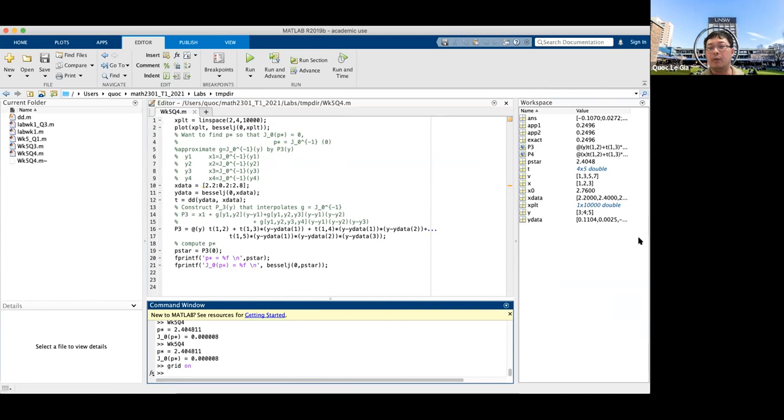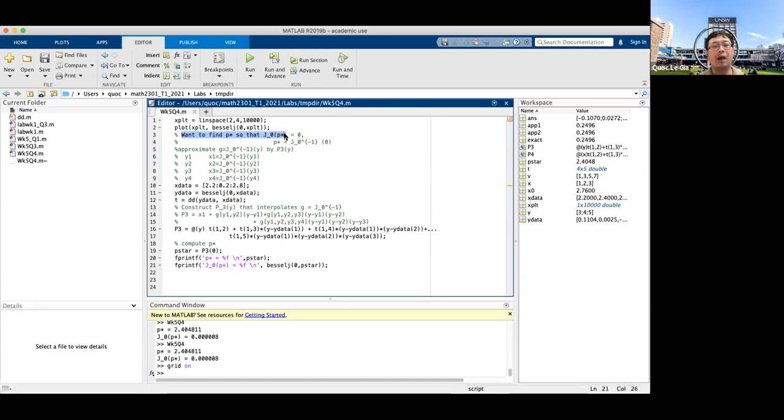So why is P star P3 at 0? Okay, it's a good question. So that is exactly what I tried to explain here. We want to find P star so that J0 at P star equals 0, right?